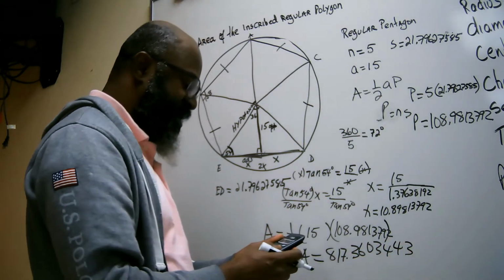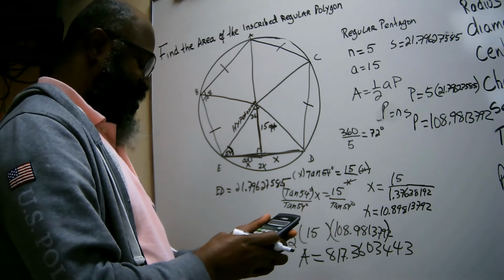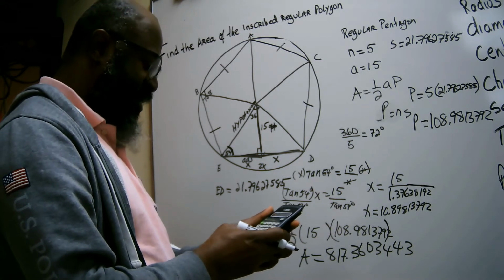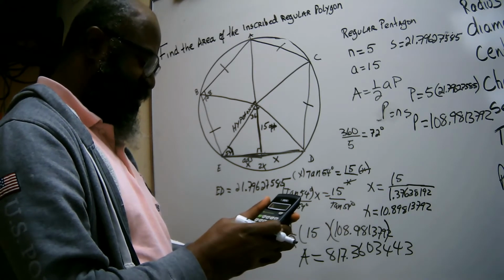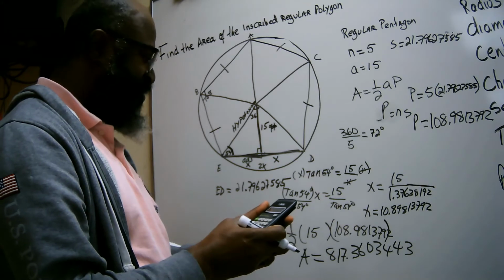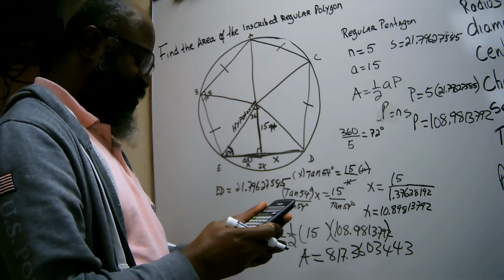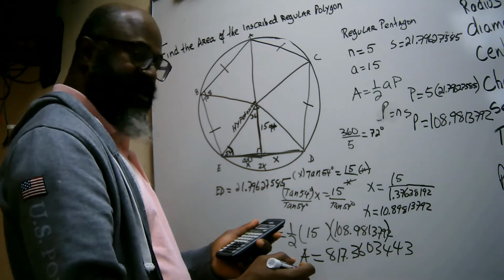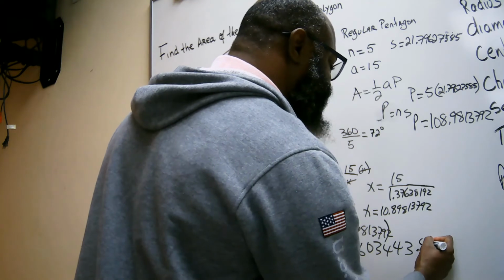Let me double check that. 108.9813792 times 15, divide by 2, and that is exactly that. Remember, it's area, you must put it as square units.